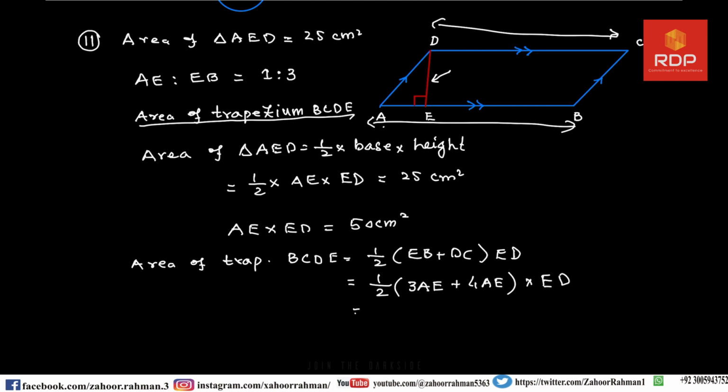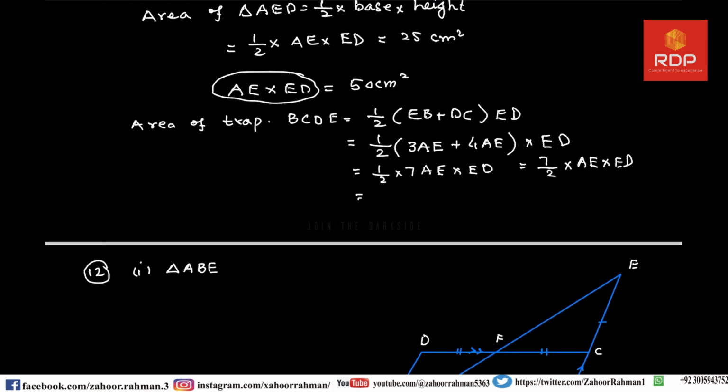So we can write 1 over 2 into 7AE into ED, that is AE into ED. We wanted to bring this thing somewhere in this, and we are successful. So we can write 7 over 2 into AE into ED.